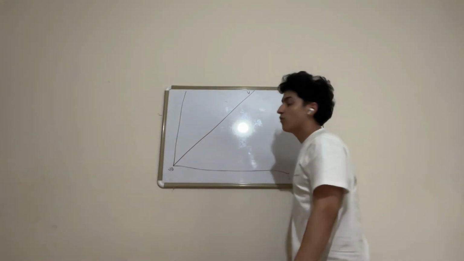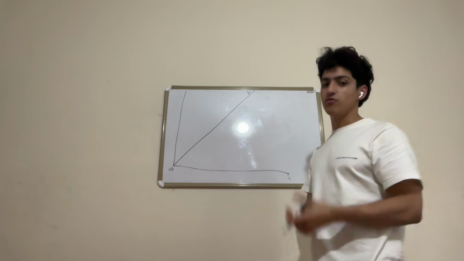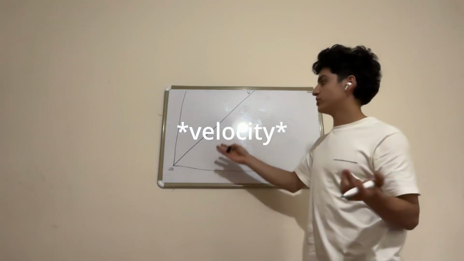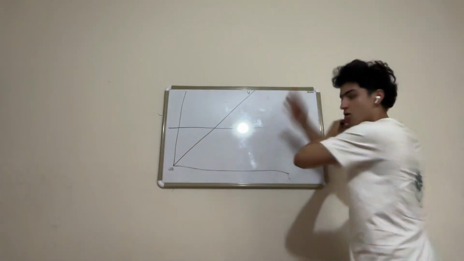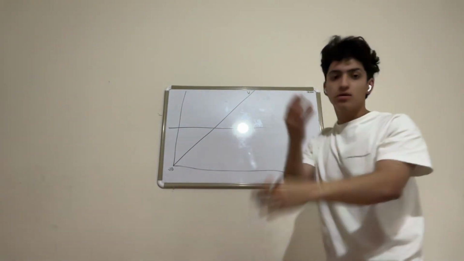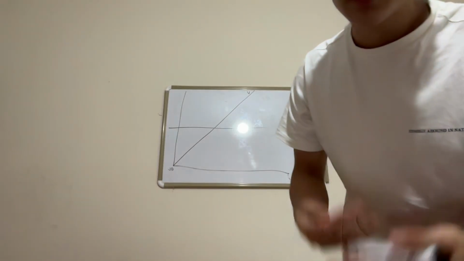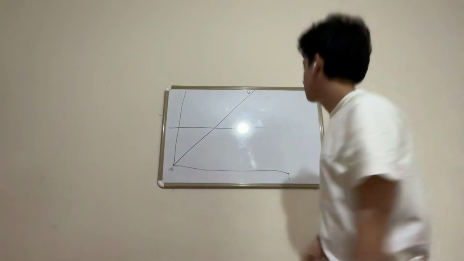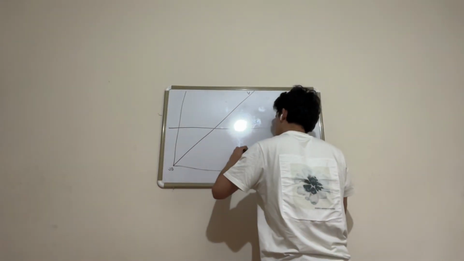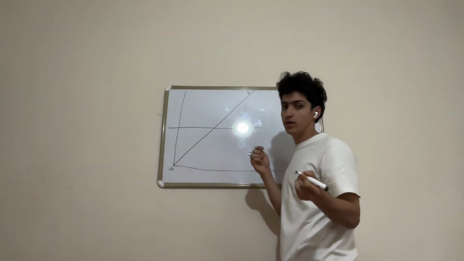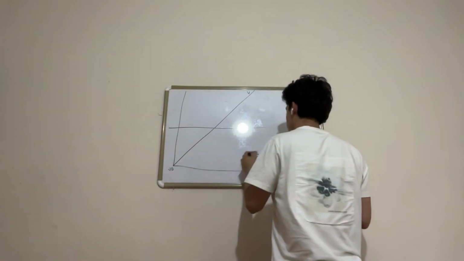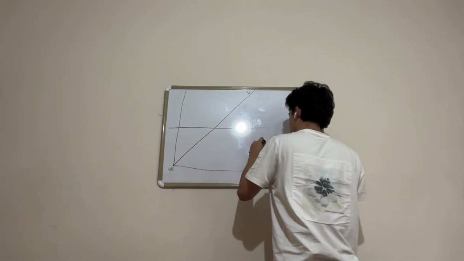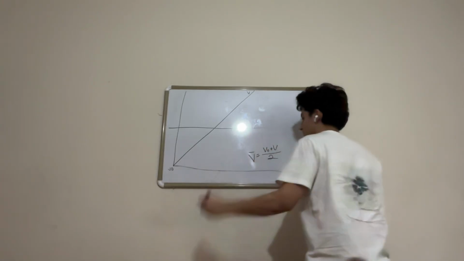And if we want to know the average, well, it's basically half. So we chop through it, boom, it's basically half. So what does this mean? This means that whenever we have constant acceleration, the average velocity is going to be the initial velocity plus the final velocity divided by 2.